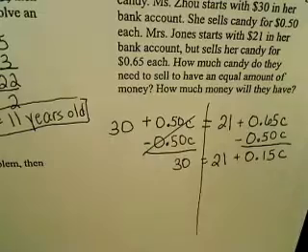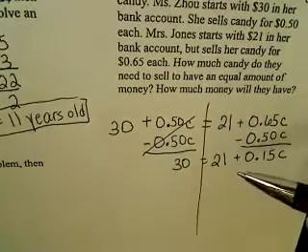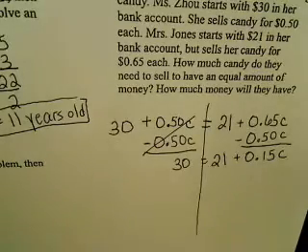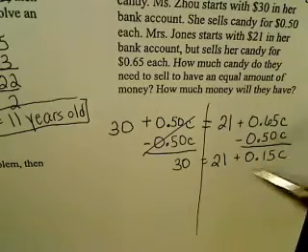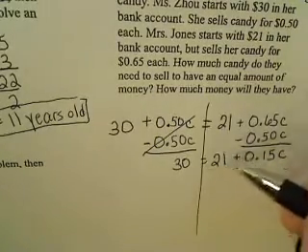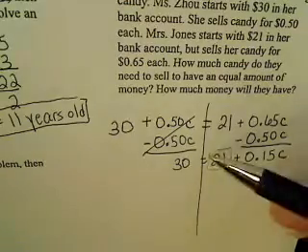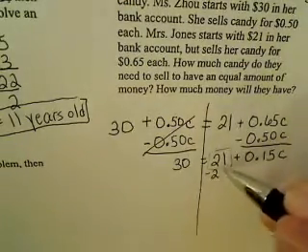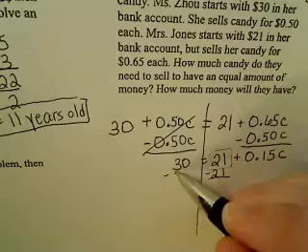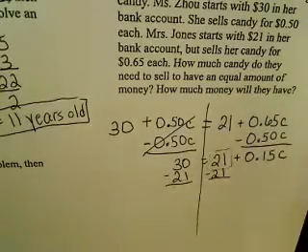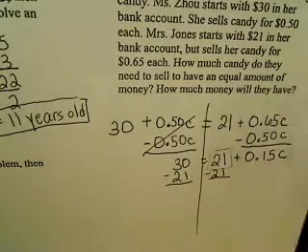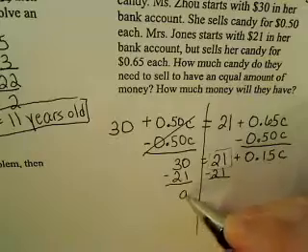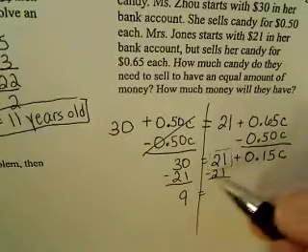Now it's a two-step equation. So I want to do the inverse of adding or subtracting. I want to get C by itself at the end. So this is being times C. So I want to move this by adding or subtracting. Well, it's positive, so I'm going to subtract it from this side and from this one. So that means over here I have 9, and over here those cancel.